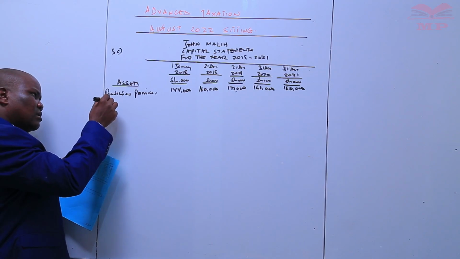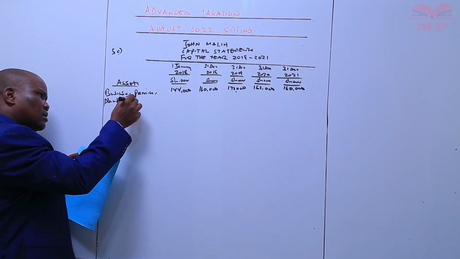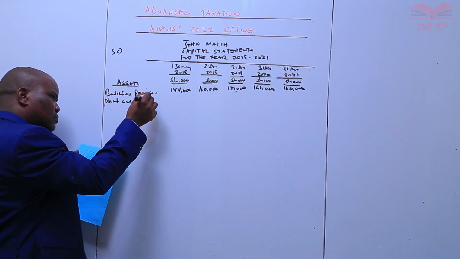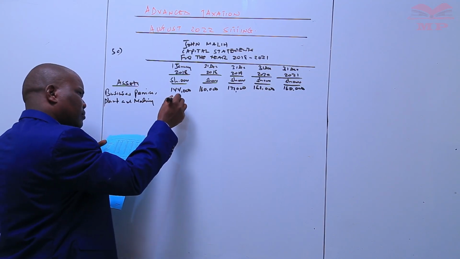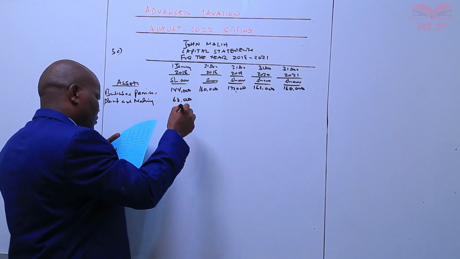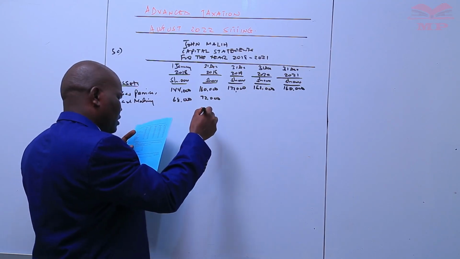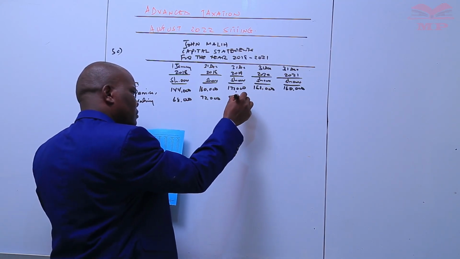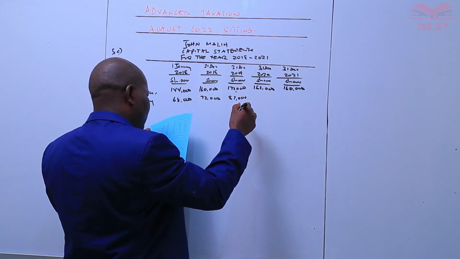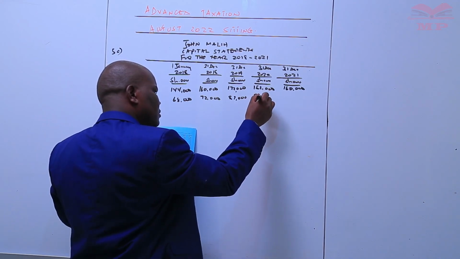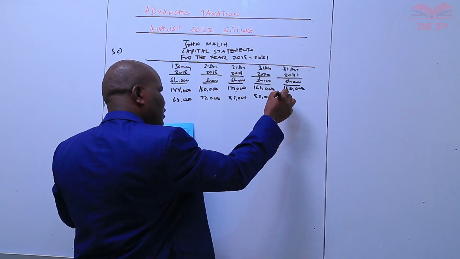Plant and machinery are assets: 68 million, 72, 87, 82, and 92.